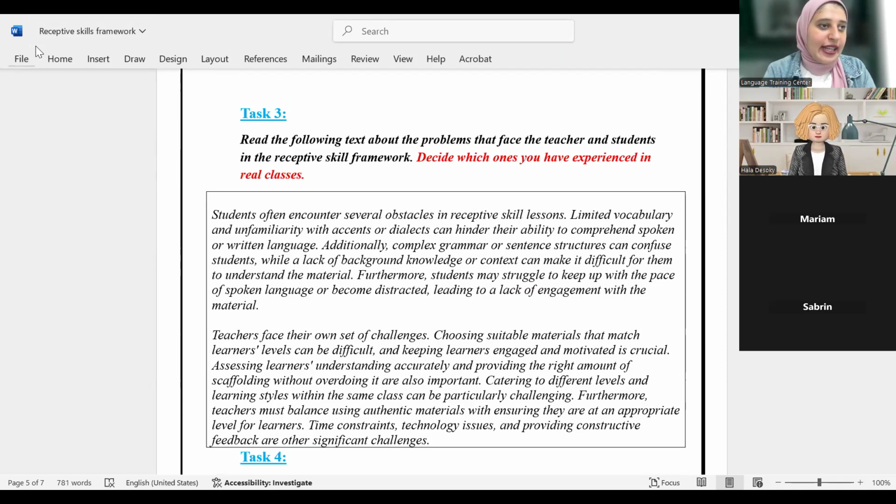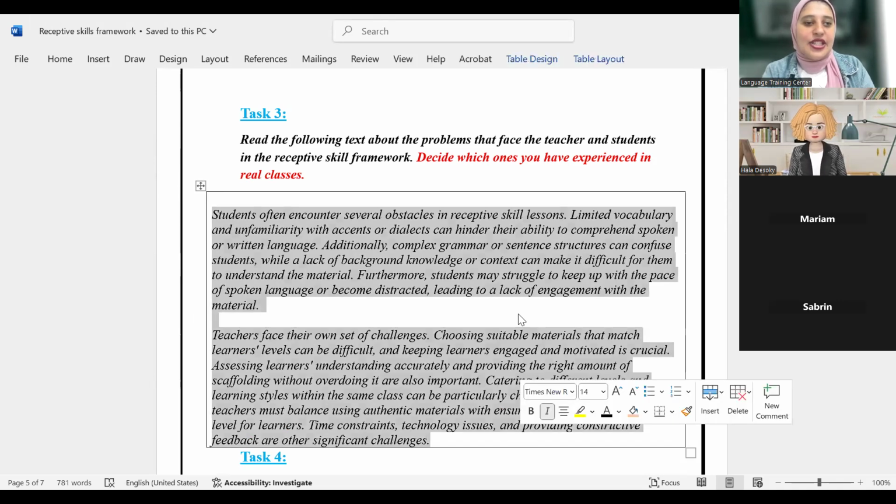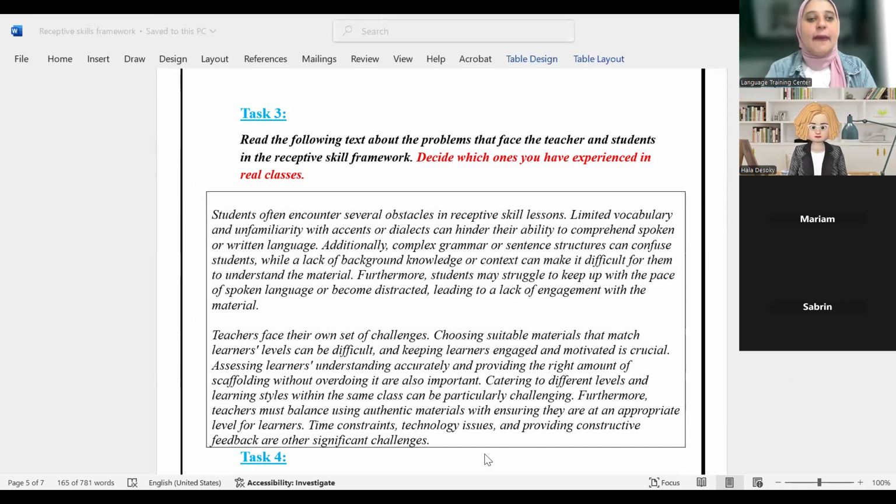Here we have a reading text about these problems. Your job is to read these problems and identify them, and share with me which of these problems you have experienced in your real classes. And if you have more problems, you can share with me.